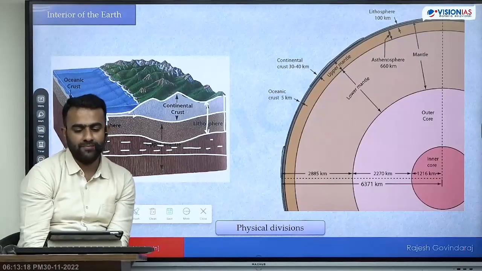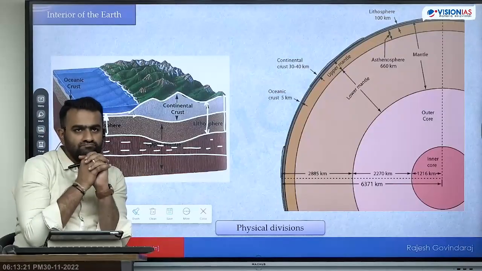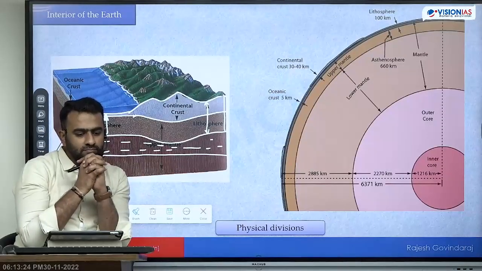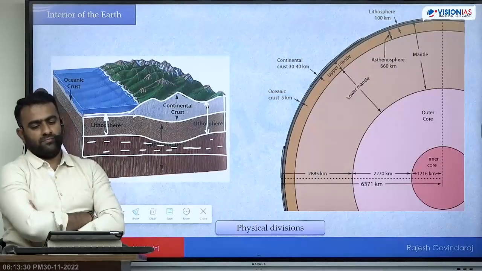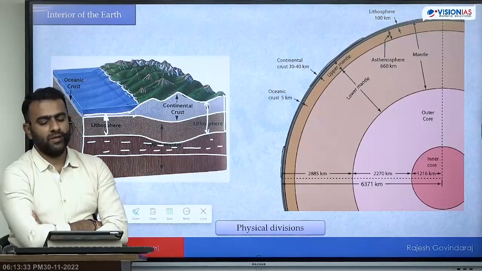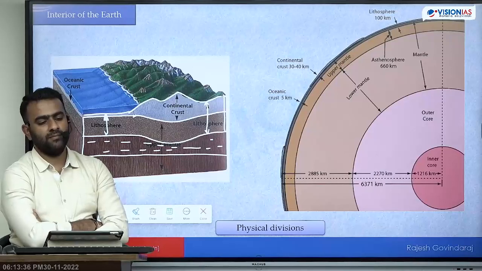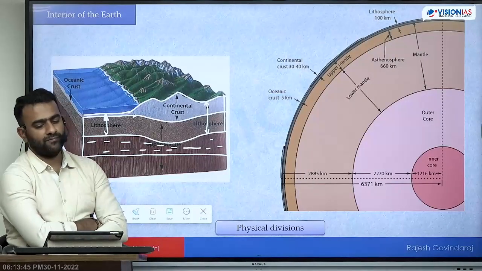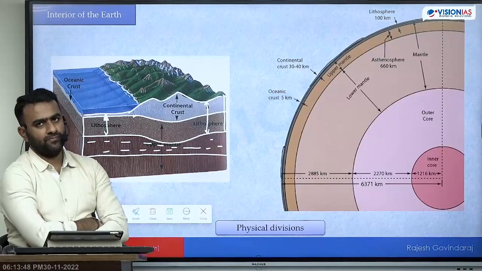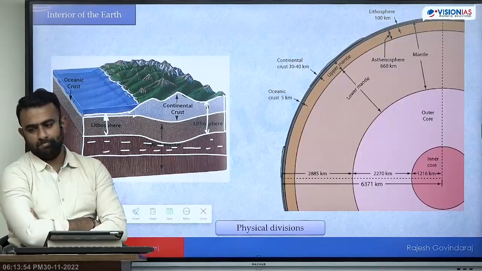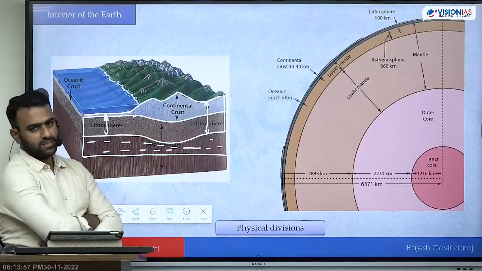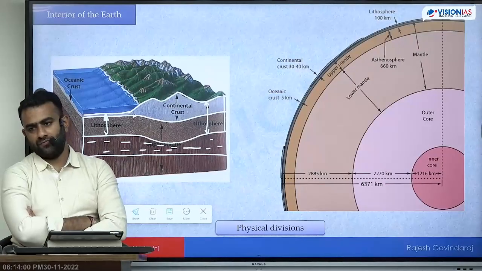First one, lithosphere. First point, it is a solid layer made up of crust and upper part of upper mantle.